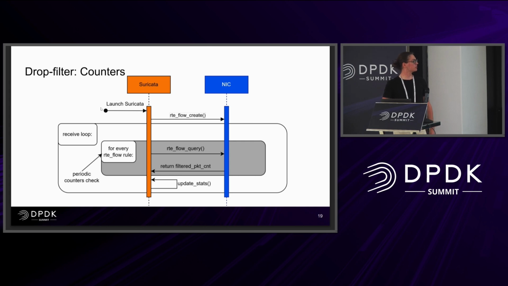So Suricata is launched, then in the setup process, rte_flow_create is called, all the rules are created in the NIC, and then when Suricata enters the receive loop and the periodic counter check comes, you can see here that we query each rule and get the statistics of each rule. We accumulate it, and then we update the global Suricata statistics with this.